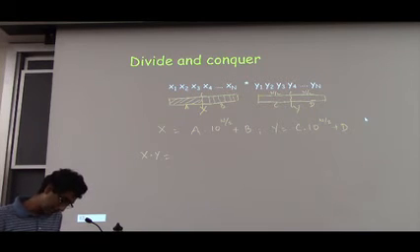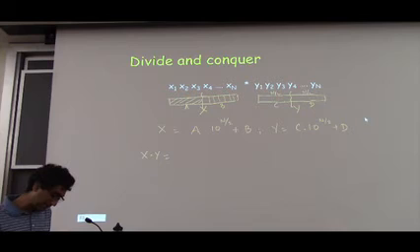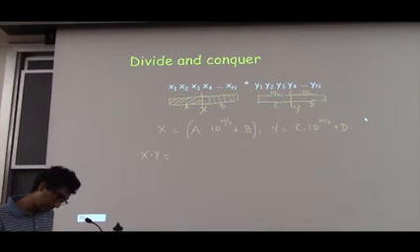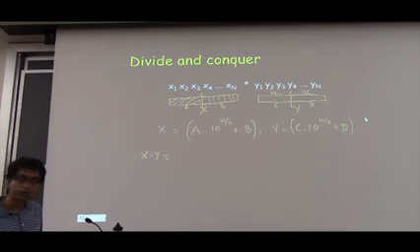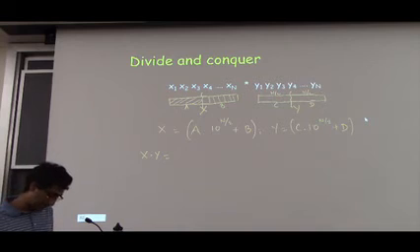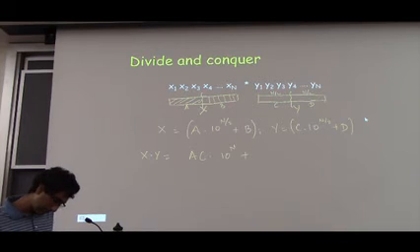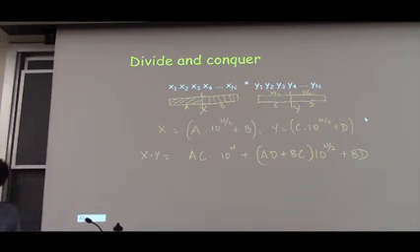You can multiply these two expressions and you get AC times 10 to the n plus (AD plus BC) times 10 to the n by 2 plus BD.